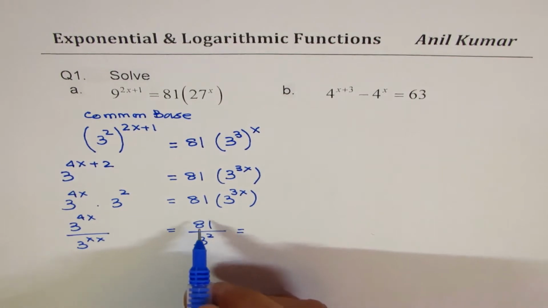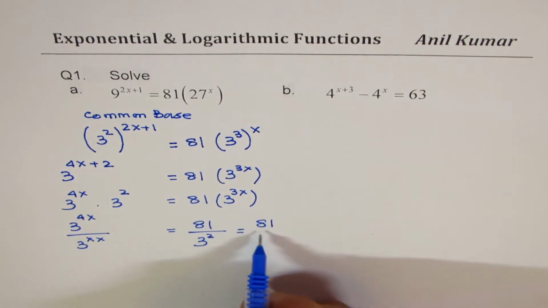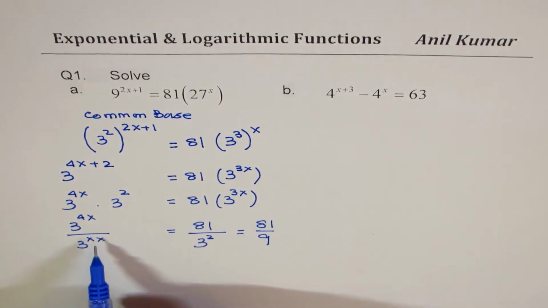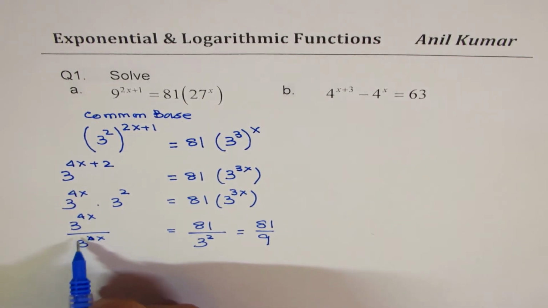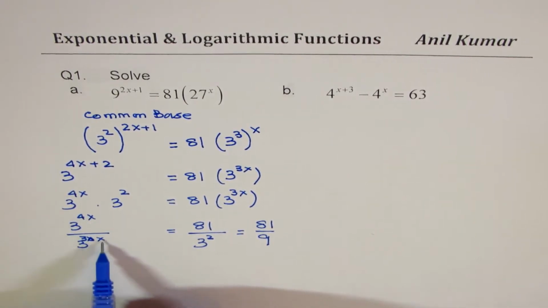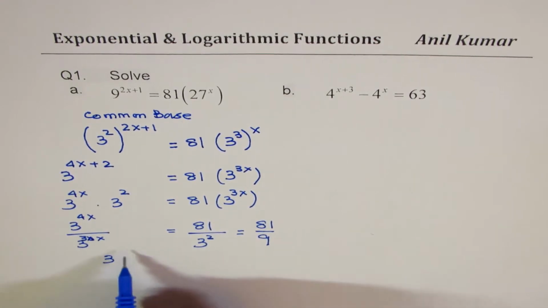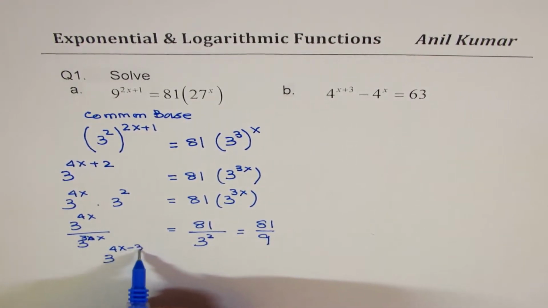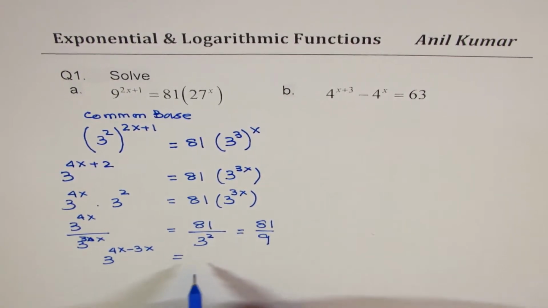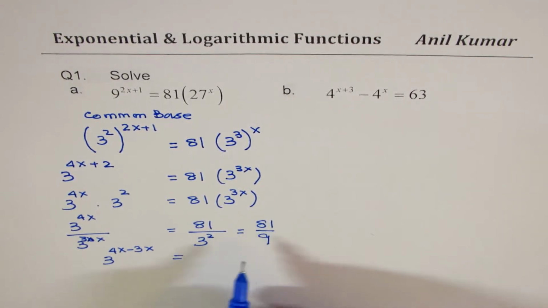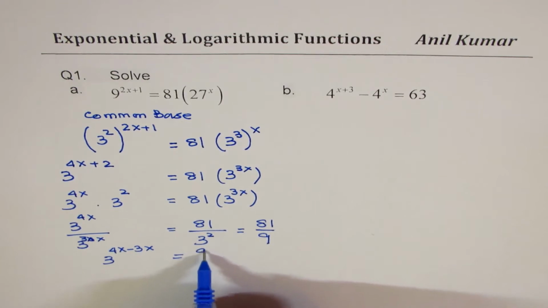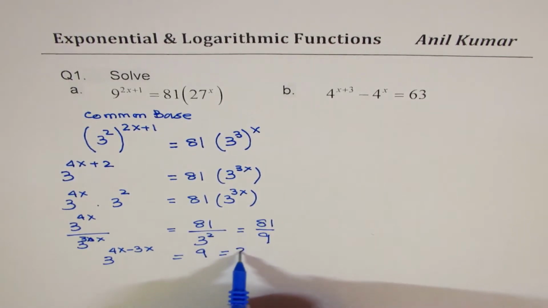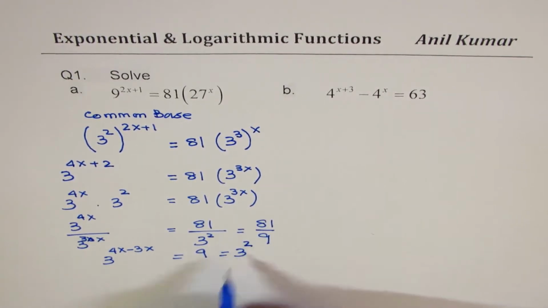So on the right side, we get 81 over 9. On the left side, 4x minus 3x is just x. So on the left side, we get 3 to the power of 4x minus 3x. And on the right side, we are getting 81 over 9, which is 9. Also, you could write this as 3 square, right?